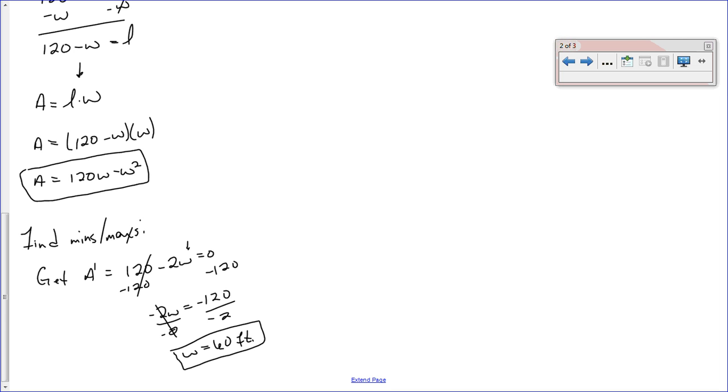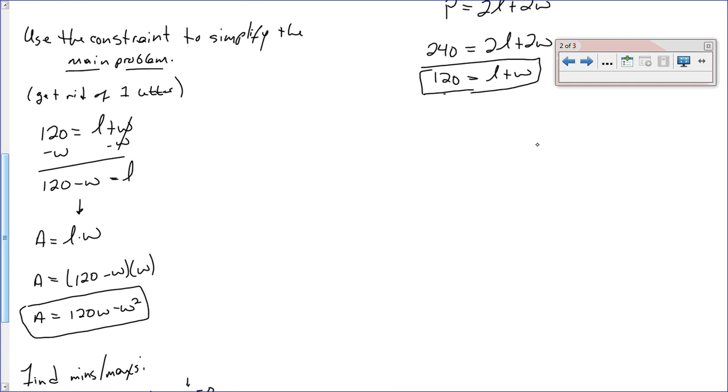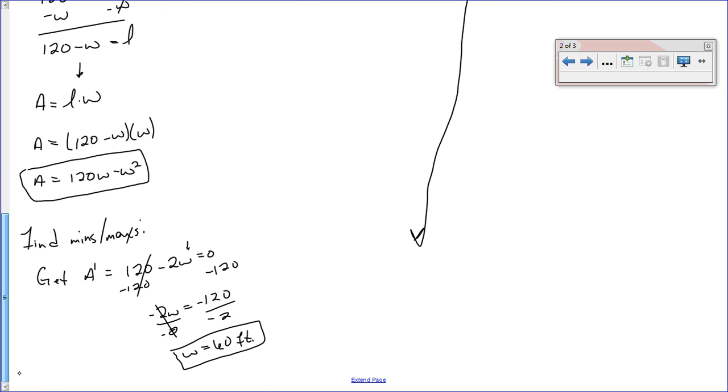Now, what does that W give us? Well, if you remember back from up here, 120 equaled L plus W. Now we know what W is for this equation. W is 60, so take the 60 and plug it into this equation. L plus 60.